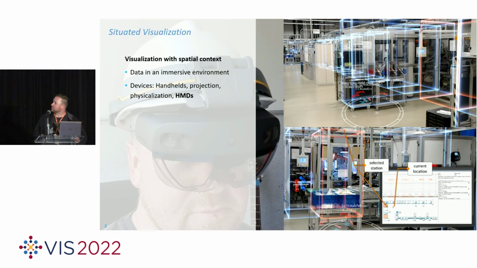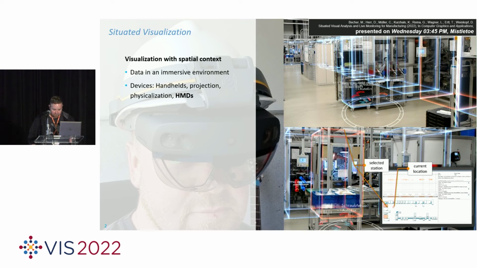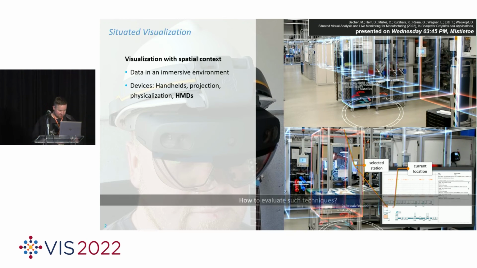So we developed an augmented reality visualization that helps to see where something's happening and what is happening and helps to navigate. And you have an additional tablet that gives you more details with additional visualization techniques. But I don't want to talk too much about this because my colleague Michael will present this on Wednesday in the CGNA session. So if you want to know more about this, please go to this session.